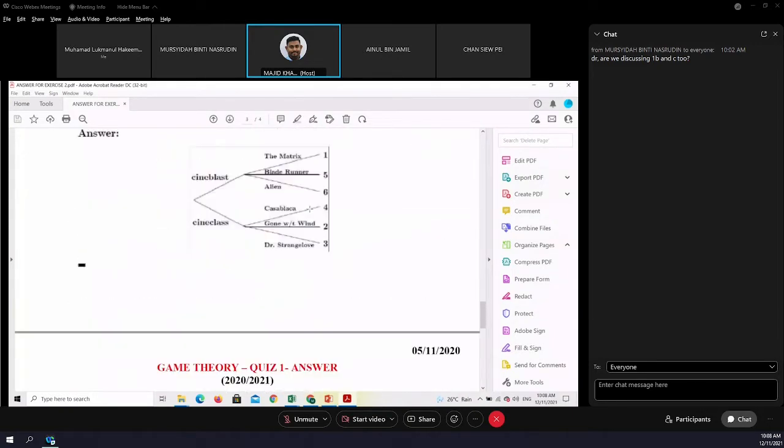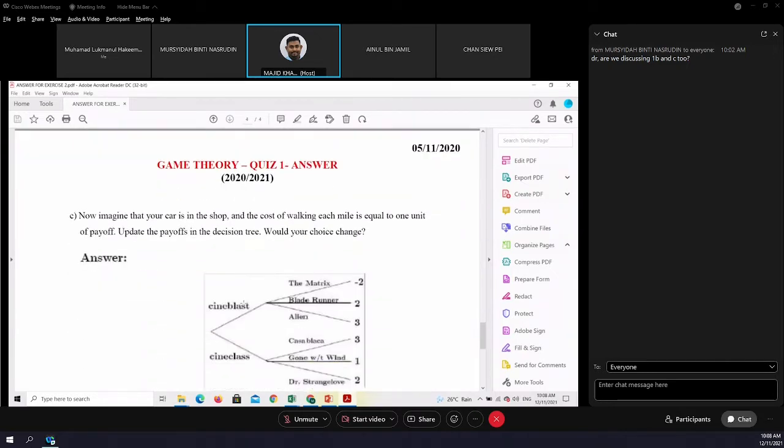The current payoff in question B, let's say from the matrix, is 3, but it's located for Sign Plus, which will take 3 miles from your house. So in order to calculate a new payoff from your preference, you just take the current payoff from the matrix, and minus the cost of walking to the Sign Blast.